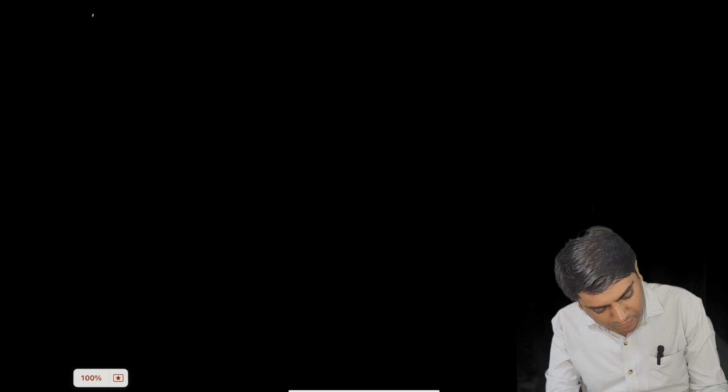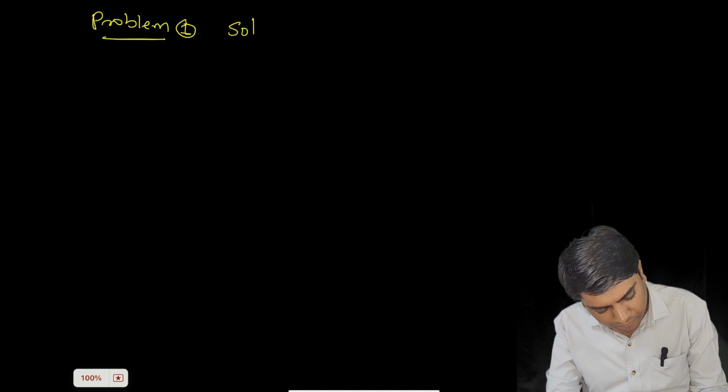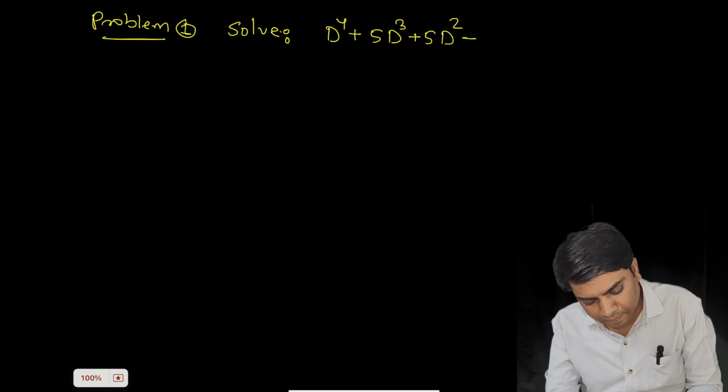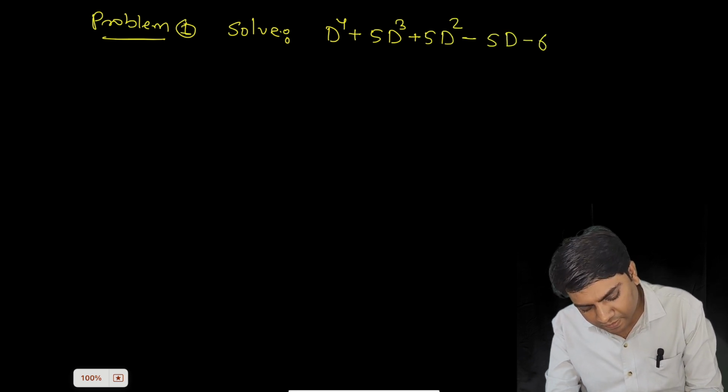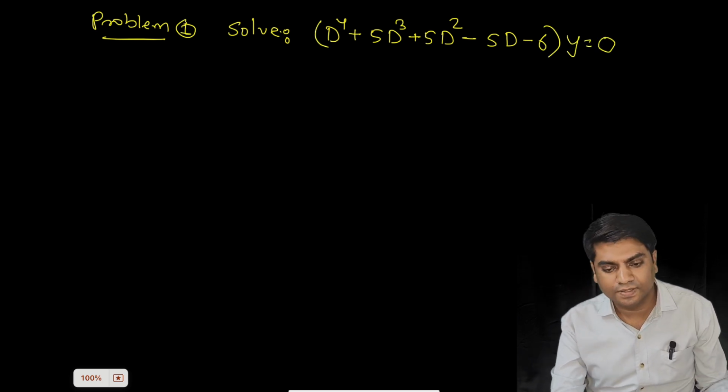So here I'm going to take some problems. Okay, so problem number 1. Solve d raised to 4 plus 5d cube plus 5d square minus 5d minus 6 into y, which is equal to 0.